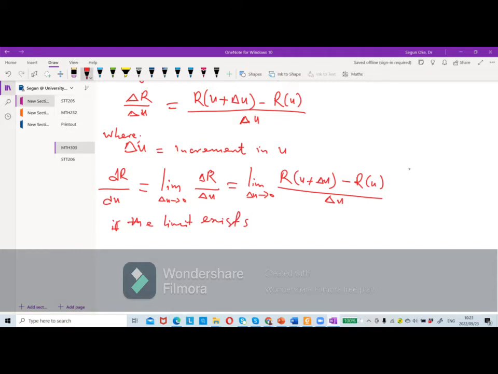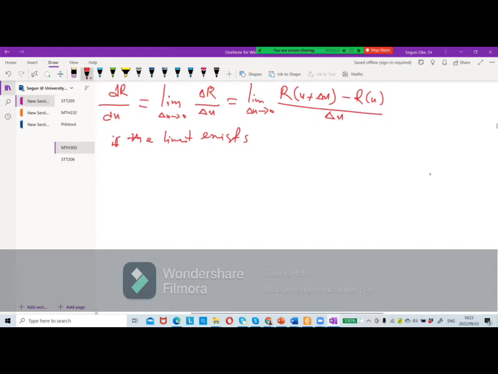If the limit exists, this condition will hold. Otherwise, it's another thing entirely.